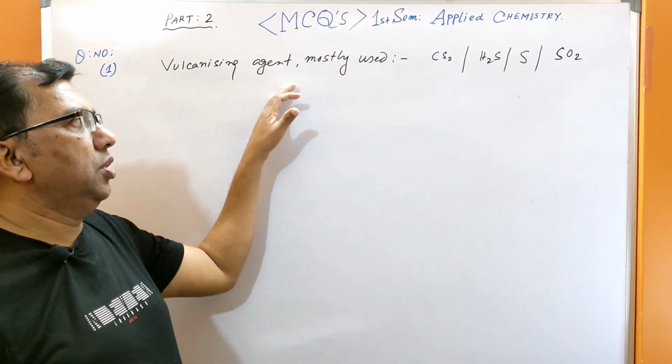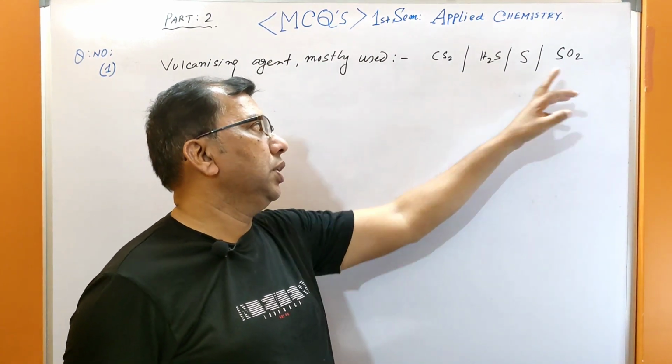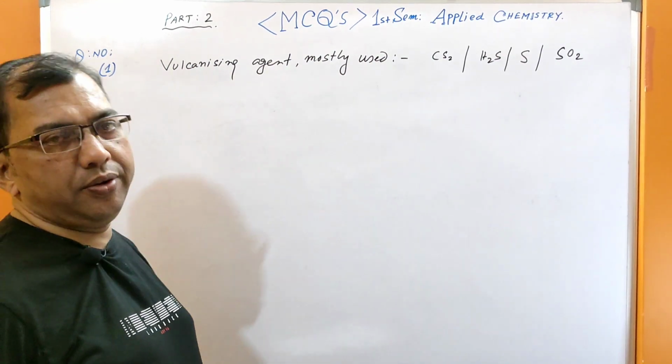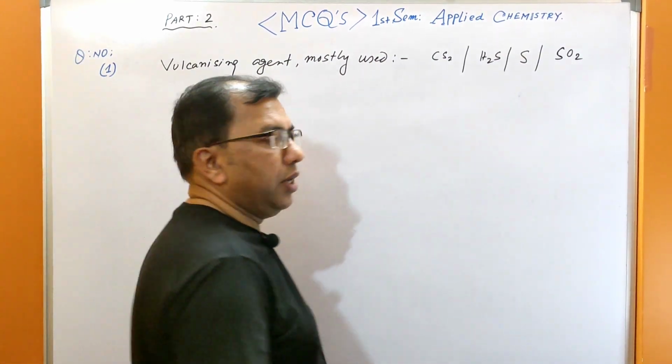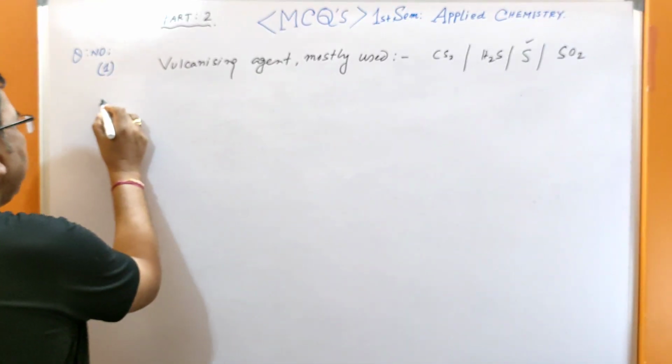Which agent will you use from CS2, H2S, SO2? Mostly used is sulfur. Okay, the answer is sulfur. Correct.